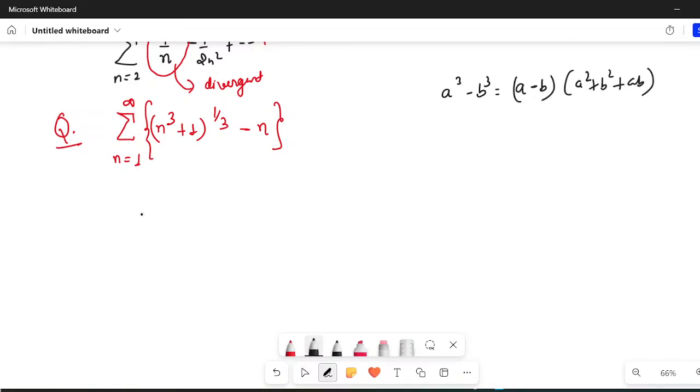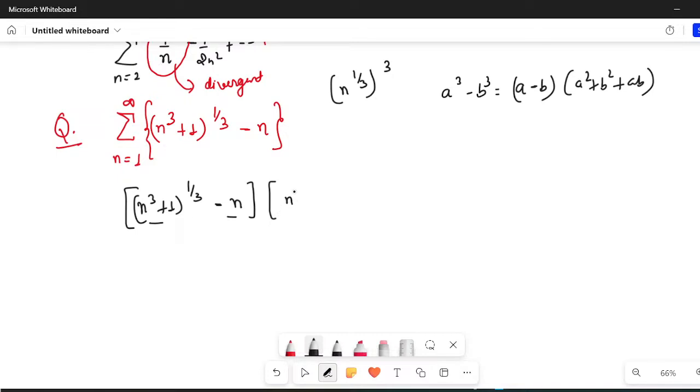So what I'll do, I have this (n cube plus 1) raised to power 1 by 3, and I have this n. Just remember, this particular n can be written as (n raised to power 1 by 3) whole cube. Now, let's say this is your a, this is your b.